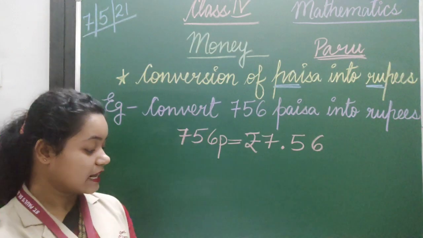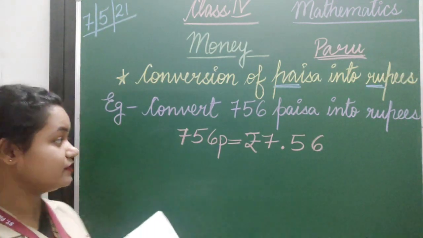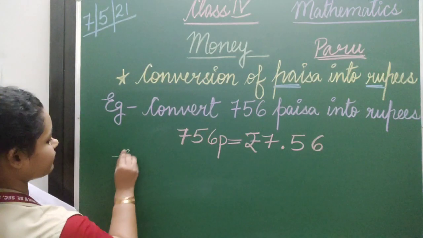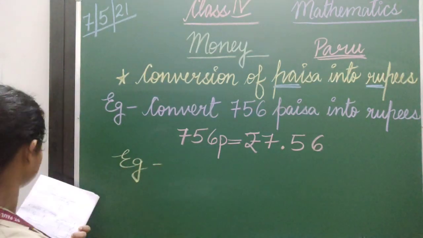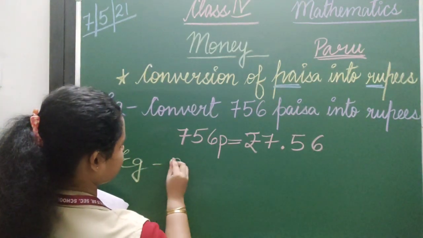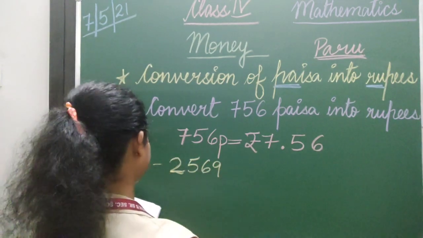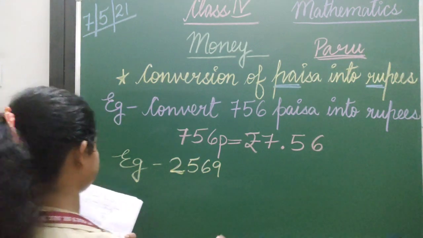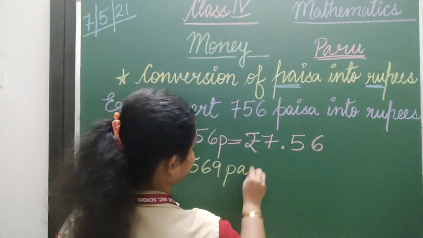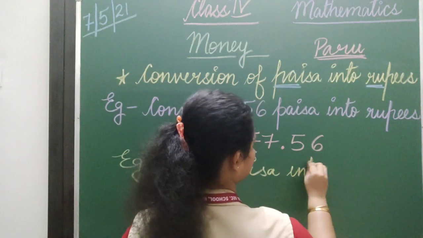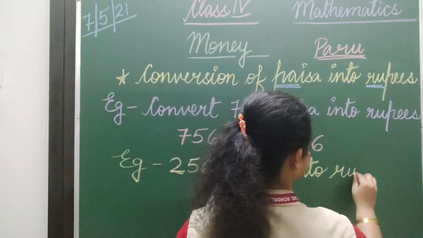Now, let's see another example. 2,569 paisa into rupees.